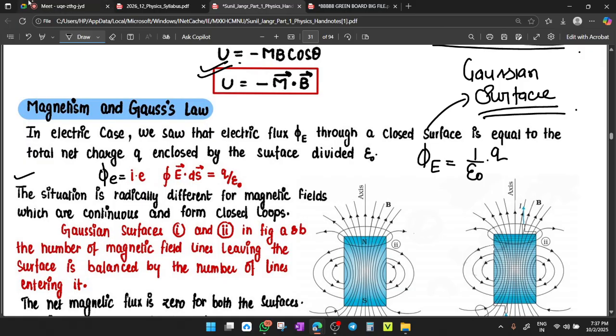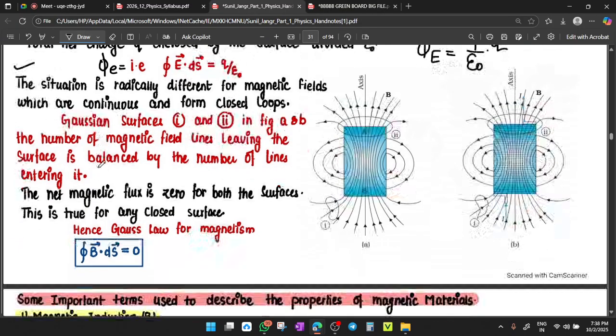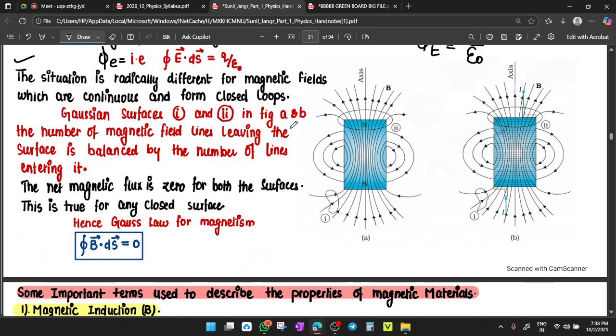Now the situation is radically different for magnetic fields, which are continuous and form closed loops. I mean to say, look at Gaussian surfaces 1 and 2 in figures A and B. We are taking two Gaussian surfaces here: this is the first one, and this one is the second.